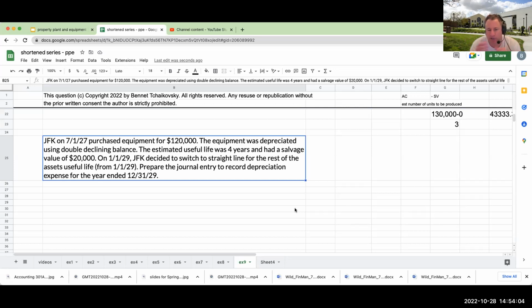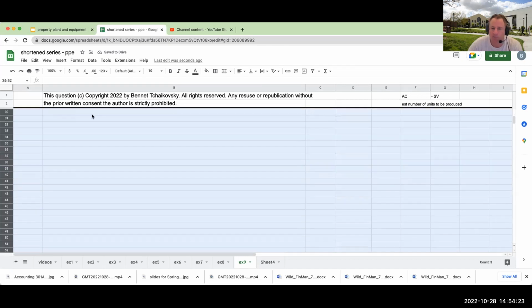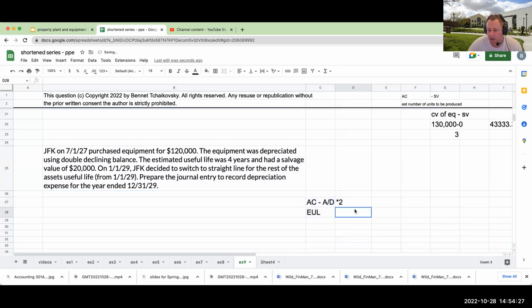Prepare the journal entry to record depreciation expense for the year ended December 31st, 2029. Let's have some fun. Double declining balance, good review for us. Acquisition cost minus the accumulated depreciation divided by the estimated useful life times 2. If this is not familiar to you, please go back and take a look at the earlier video.